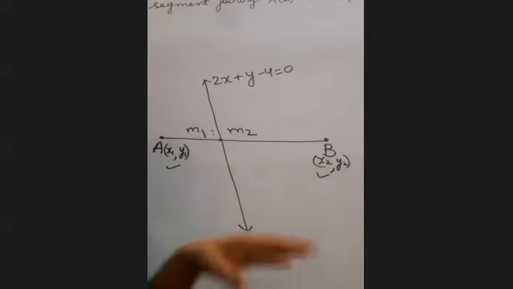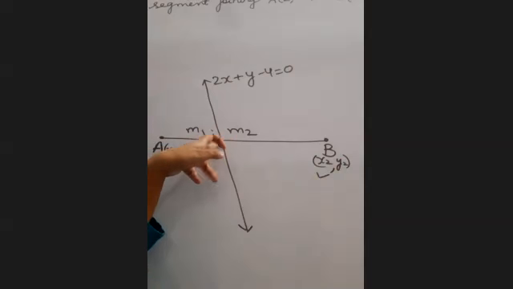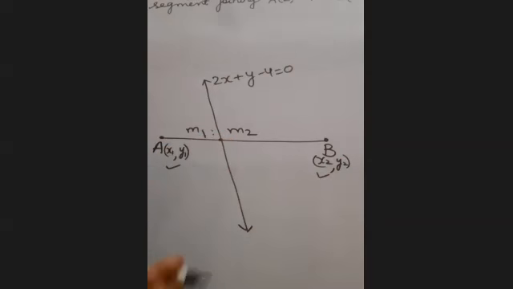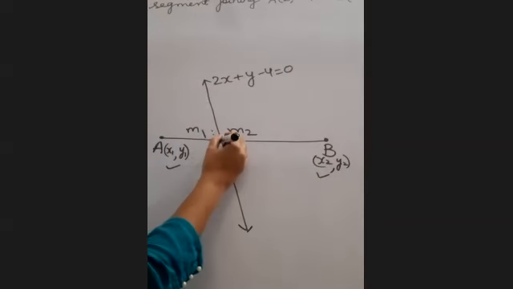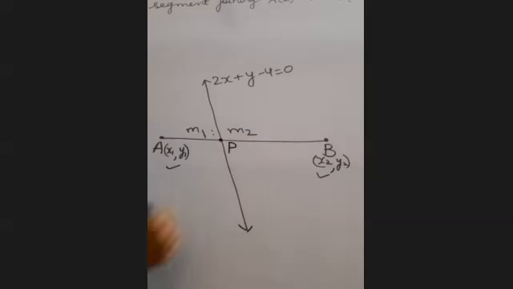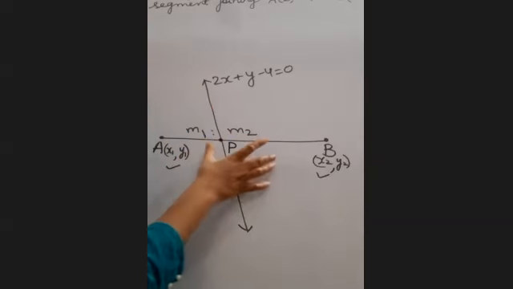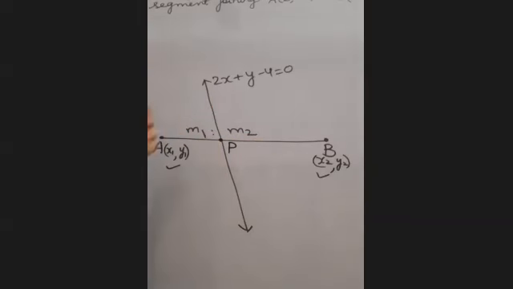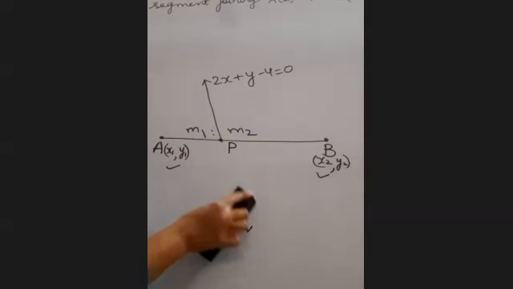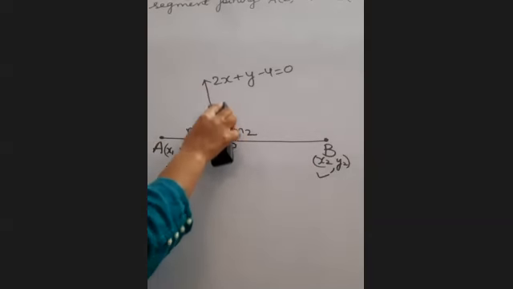But we don't know this concept. We know the concept where the point of division is given, and we are finding the ratio. So, children, from the figure, can we say that let P be the point of division? Because even if the line is intersecting this line segment, the line is intersecting the line segment at some point P. It is meeting at some point, right? Time being, let me just rub it off, to understand.